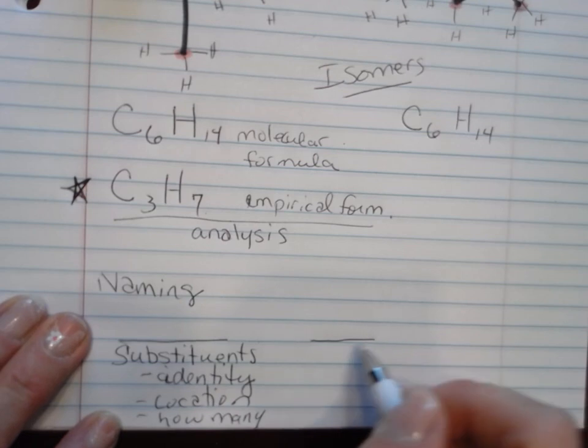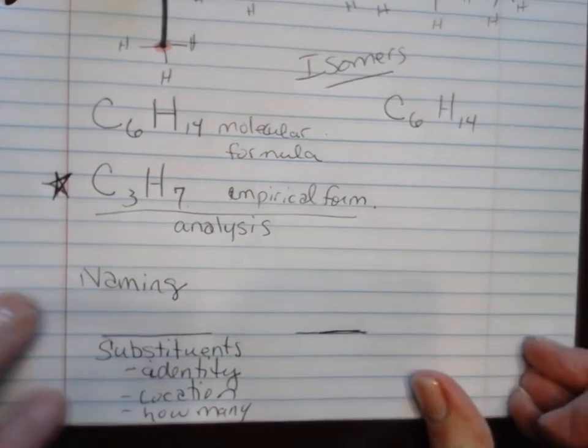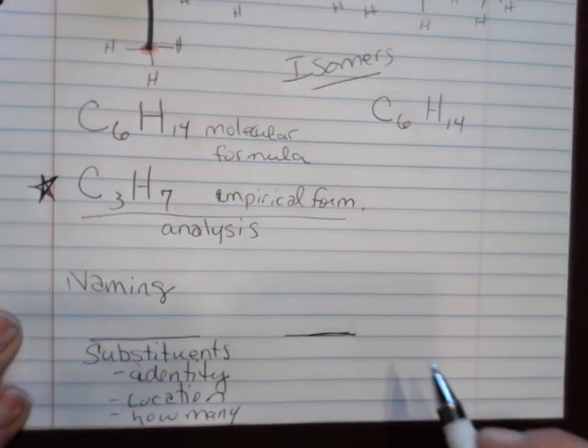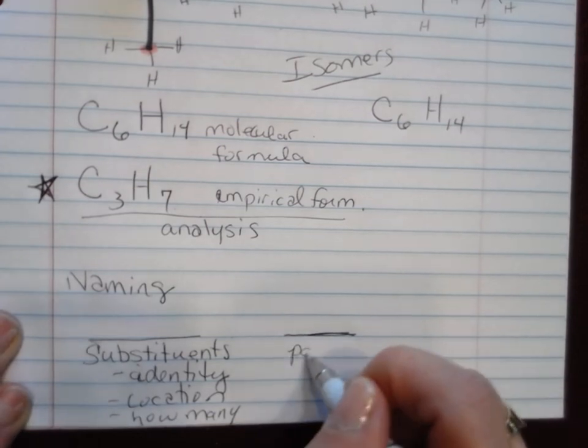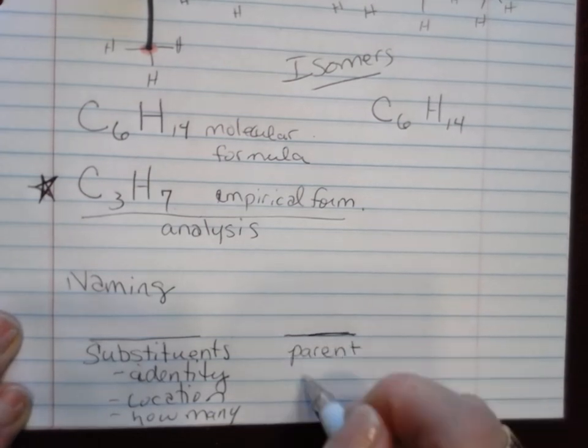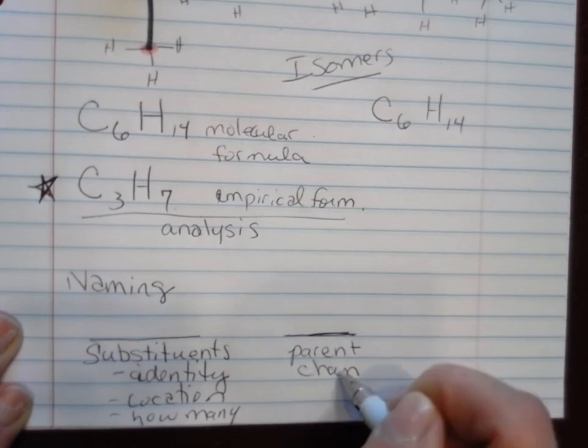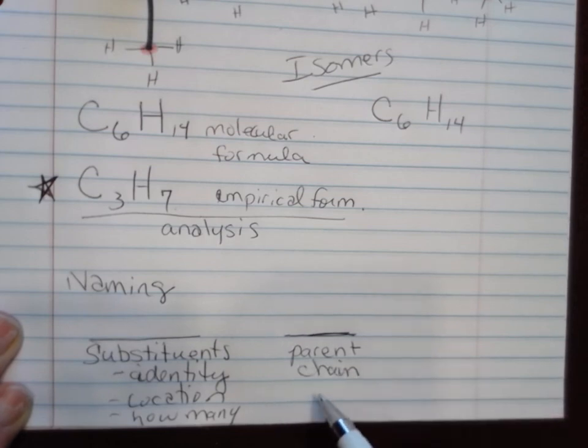Another part of our name, the second to the last piece of the name, tells us how many carbons are in our parent chain. So if it's 1 it's meth, 2 it's eth, 3 prop, 4 but, 5 pent, and so on.